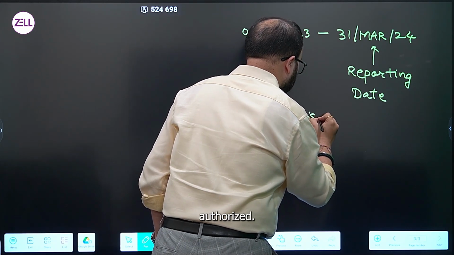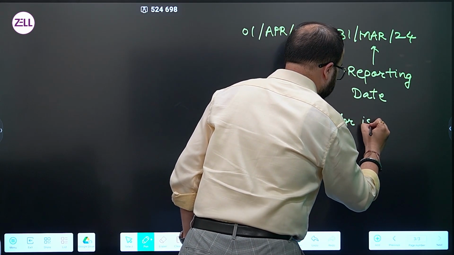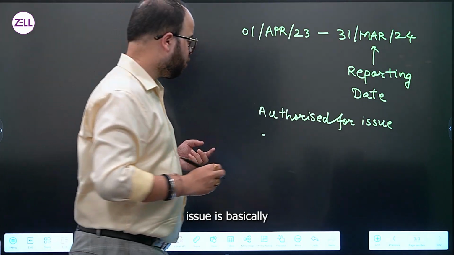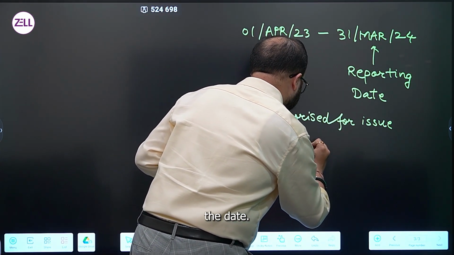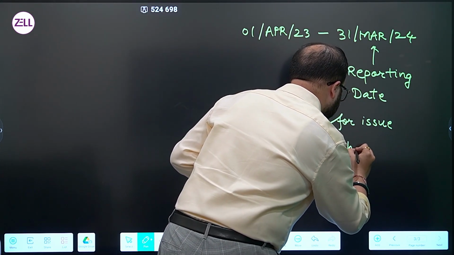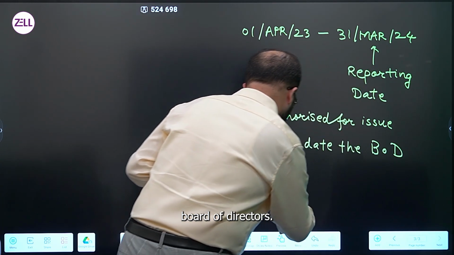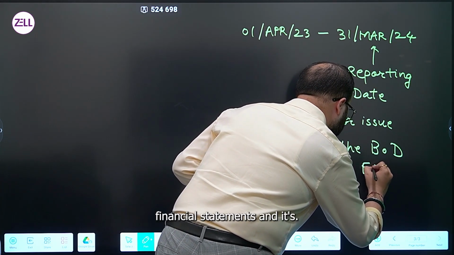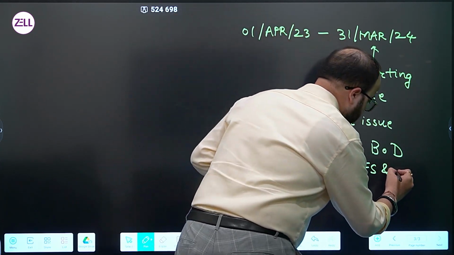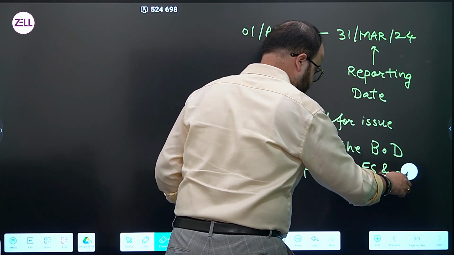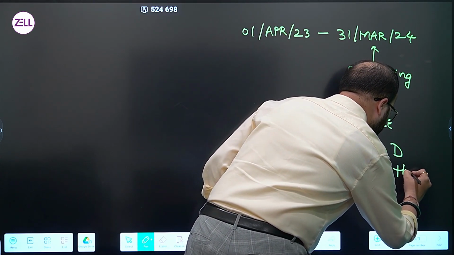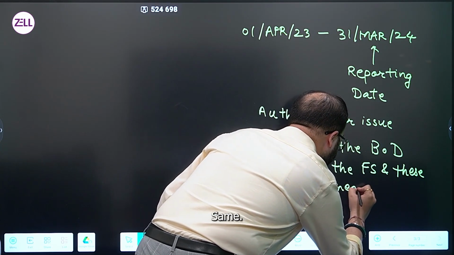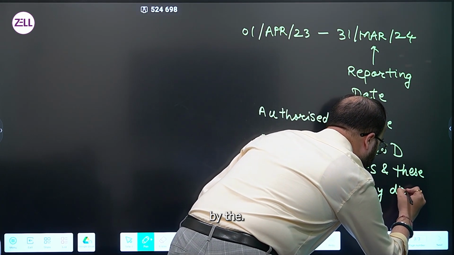So, the date the financial statements are authorized for issue is basically the date the board of directors adopts the financial statements and these are signed by the directors.